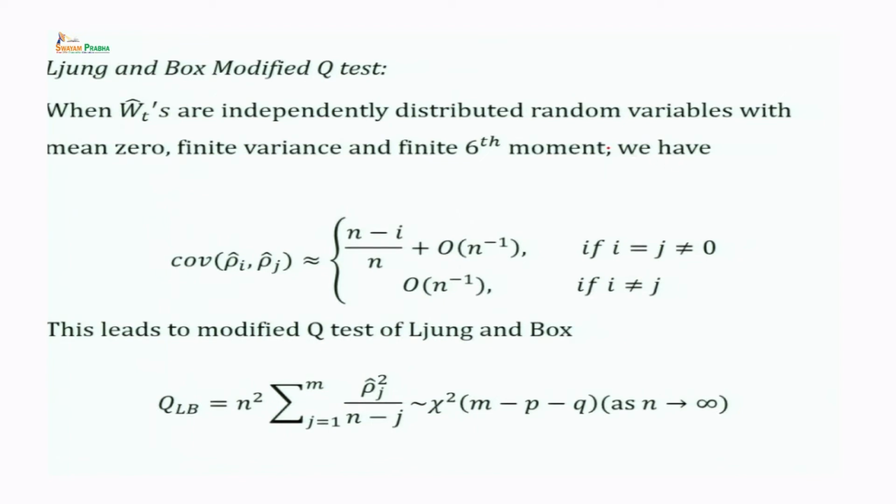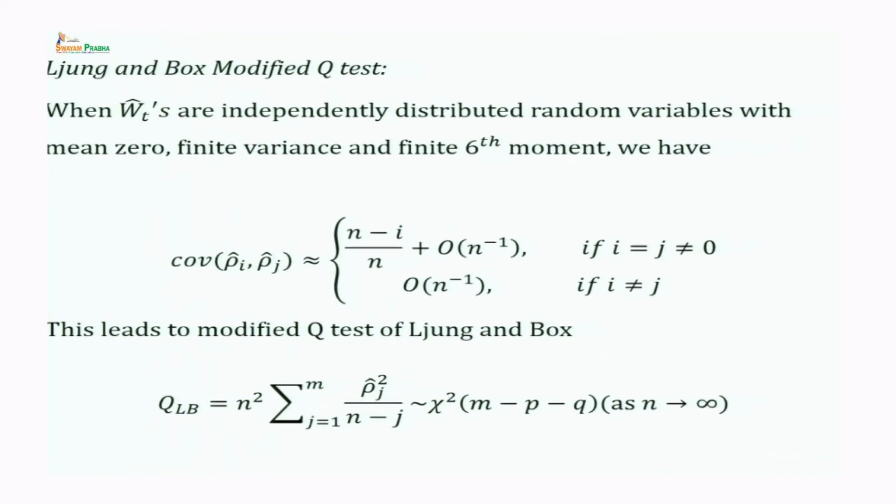Under these conditions, the covariance between rho hat i and rho hat j is approximately equal to n minus i upon n plus terms of order n inverse if i is equal to j, not equal to 0, and this covariance is approximately of order n inverse if i is not equal to j.